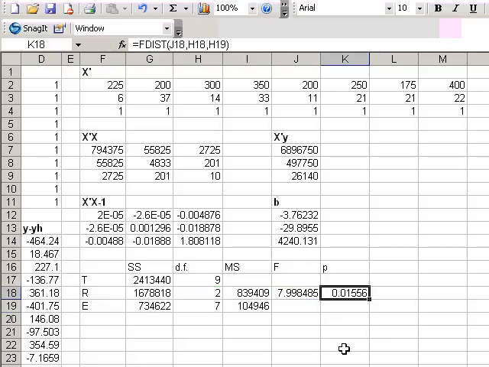We now have the probability of the F, which tells us that at least one of the 2 variables, size and visibility, is a statistically significant predictor of cost.